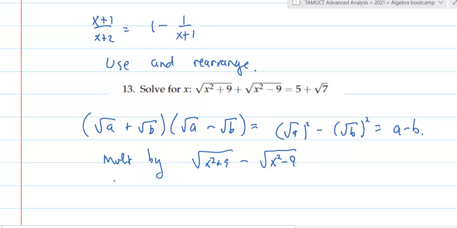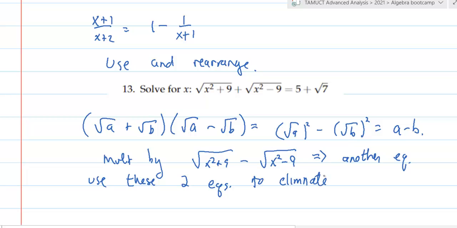So what you can do then is use these two equations to eliminate one of the square roots.